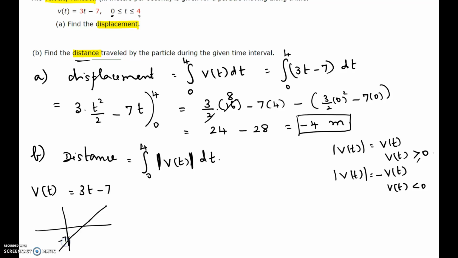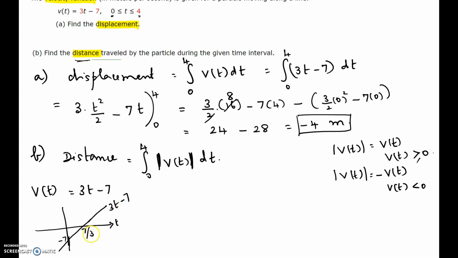This value is going to be negative 7. It's going to cross the t-axis at 7 over 3. If you set this to 0 and solve for t, it is going to be 7 over 3. So for values smaller than 7 over 3, the graph is below the t-axis.